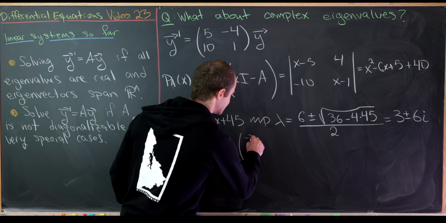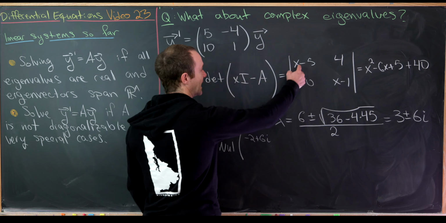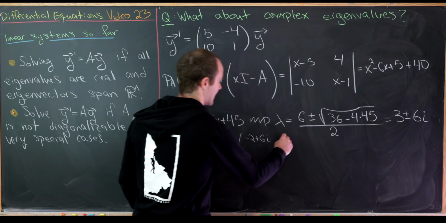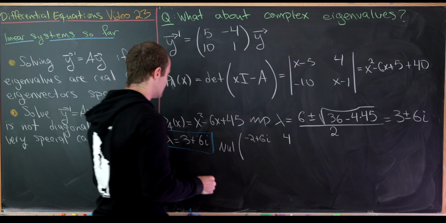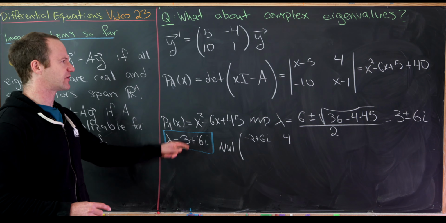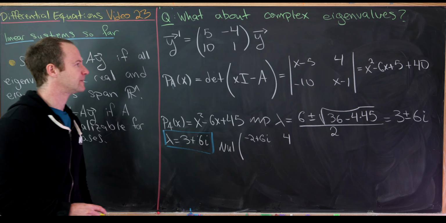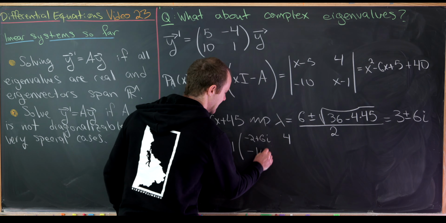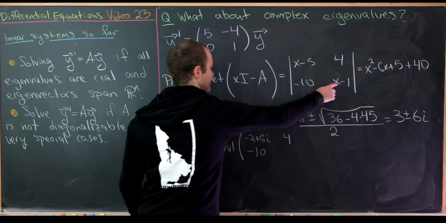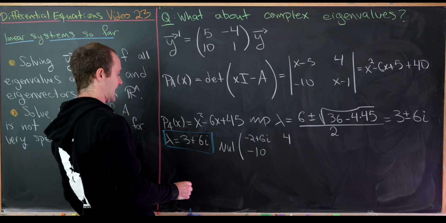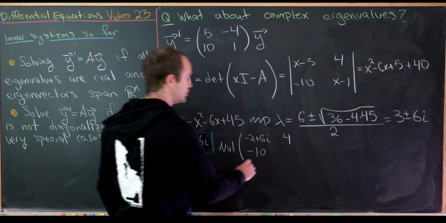We'll have negative 2 plus 6i in this entry, a 4 in this entry, and negative 10 in this entry. Notice I'm just replacing x with 3 plus 6i. Then in this entry down here, we'll have 2 plus 6i.